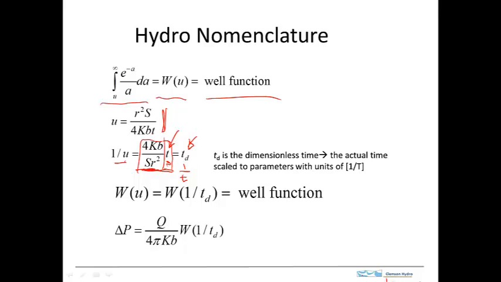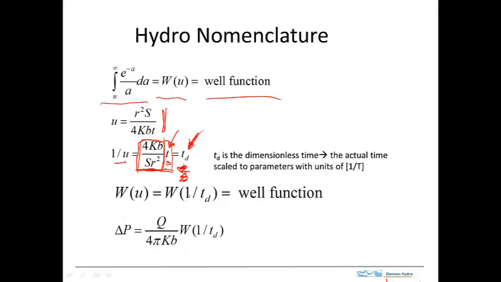And so this is called a dimensionless time, and these well problems are often written as a function of dimensionless time. It allows you to plot the results, for example, as a function of this dimensionless time, where the function is changing just like it would change as a function of real time, but all of the parameters are embedded in it, so you don't have to assume what the values of the parameters are in order to plot the results up.